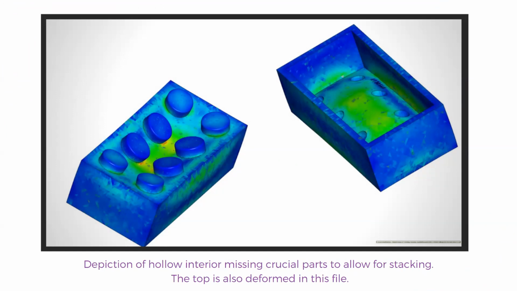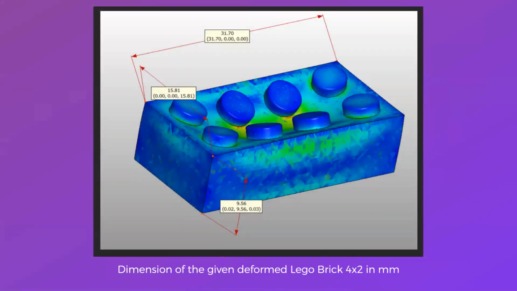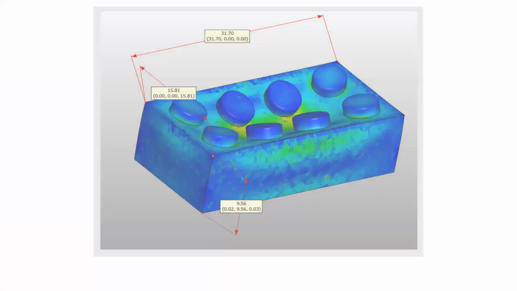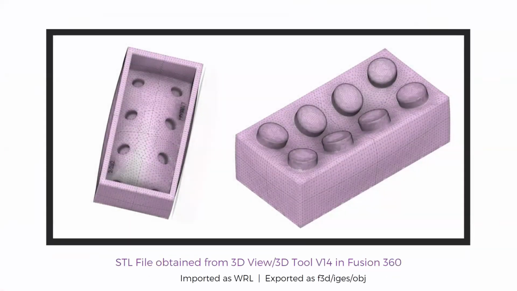Okay, next slide, please. These are the dimensions which confirm that we are dealing with the 4 into 2 Lego piece with some missing interior features, and those dimensions are in mm.